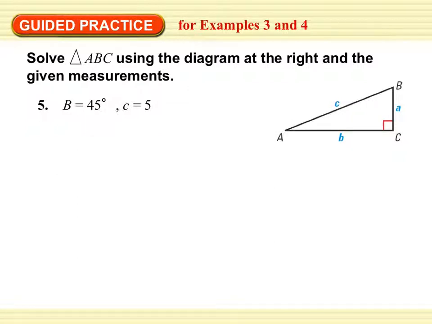Solve ABC using the diagram and the given measurements. It looks like c equals 5, B equals 45. This triangle's not drawn to scale, because if that's 45, then that one's 45 also.